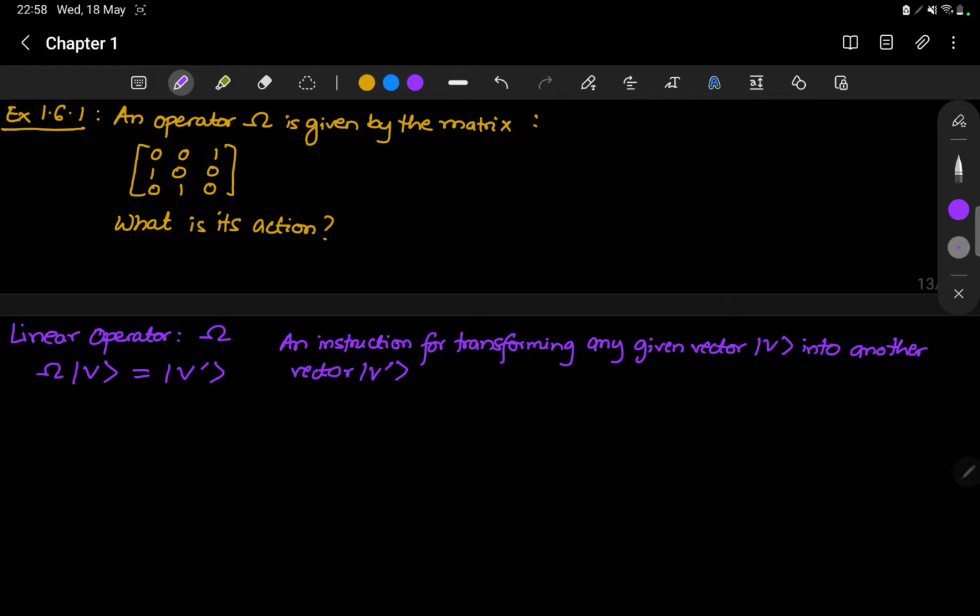So this is the definition of a linear operator, and this is how we see its action. Its action is basically transforming a vector into another vector.